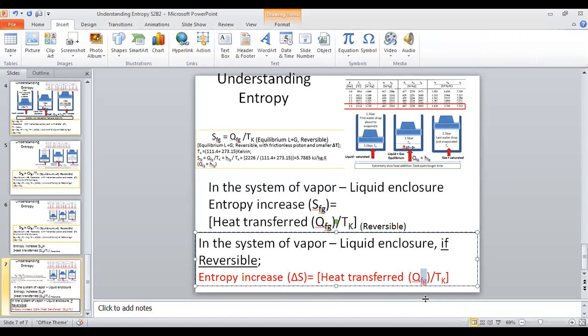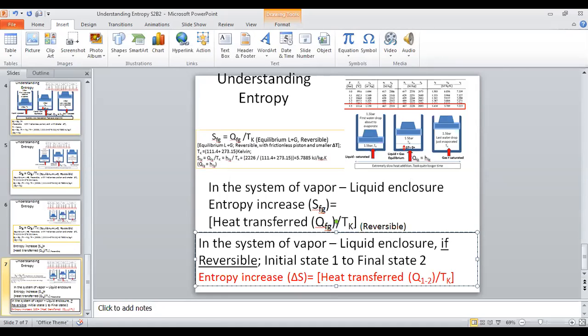For the heat transfer Q, instead of FG, I put 1 to 2, Q12 by T_K, where 1 is the initial state and 2 is the final state.